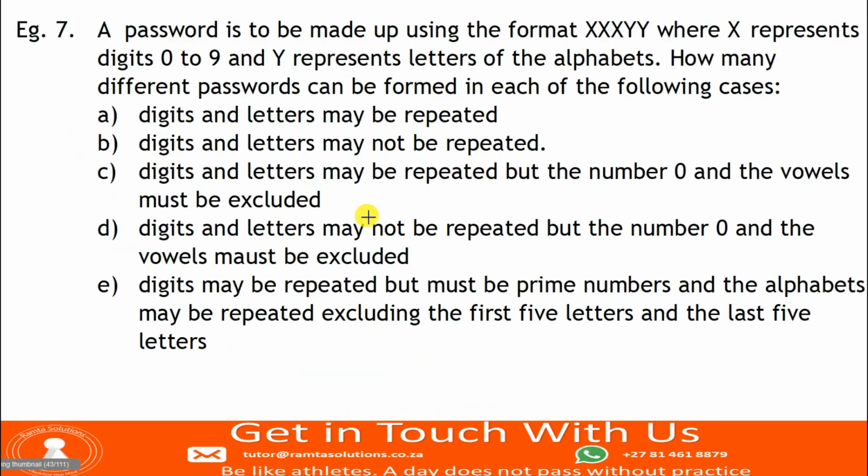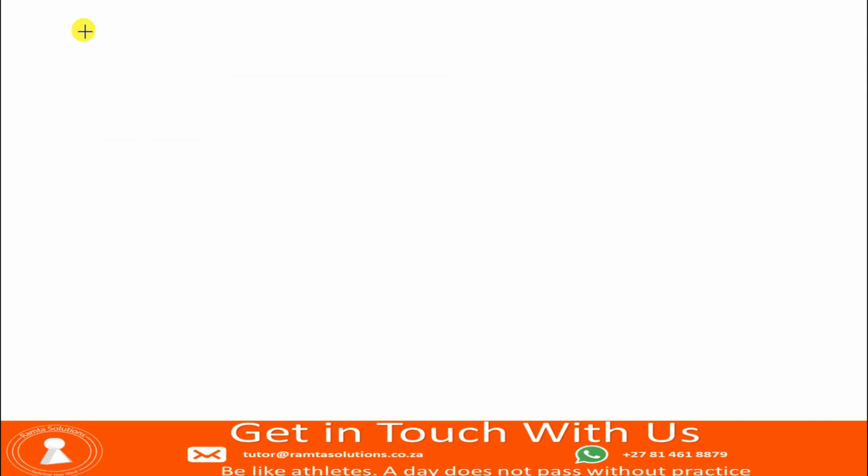Now, underline this. They may be repeated, but number 0 and vowels must be excluded. Let's go. So what we have? 1, 2, 3, 4, 5. For the first digit, we have 9 to choose from. For the second, we have 9. For the third, we have 9. Alphabets, we have 21, 21.